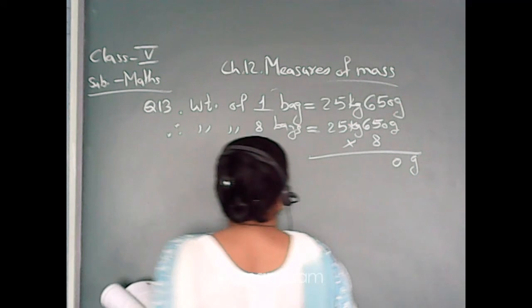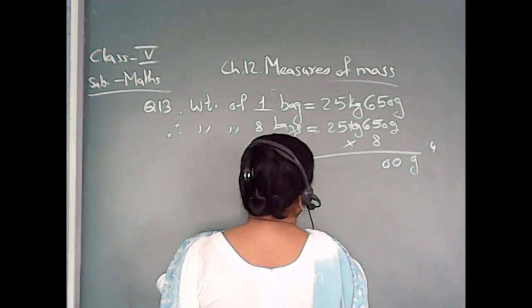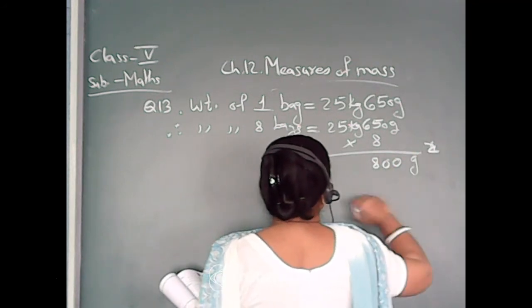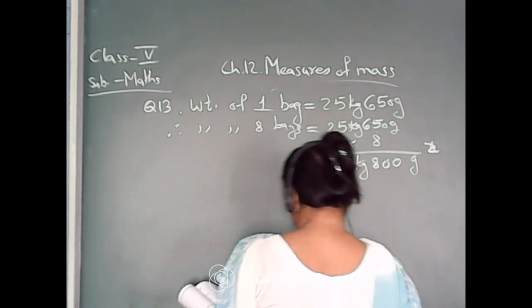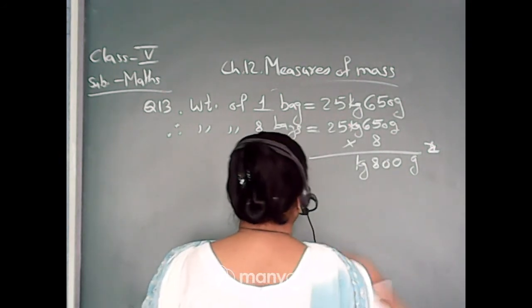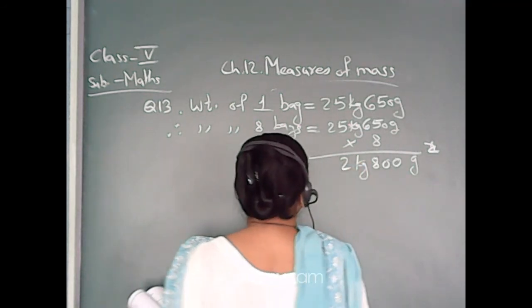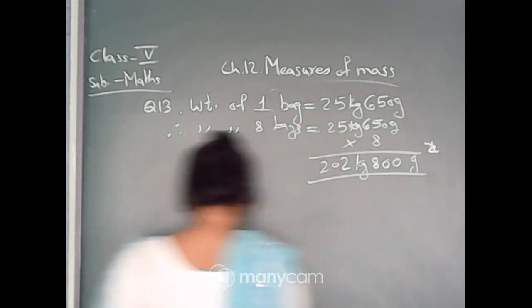8 zeros are 0, then 8 fives are 40, carry 4. 8 sixes are 24, 25, 26, 27 and 28, carry 2. 8 fives are 40, 42, carry 4. 8 twos are 16, 17, 18, 19 and 20. That is 202.